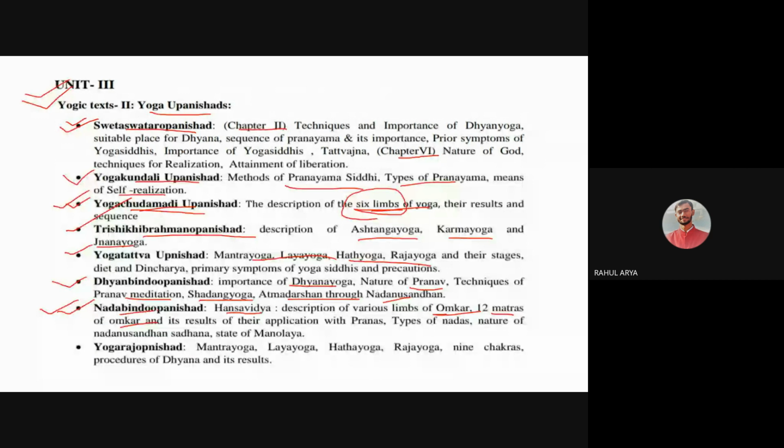It is a very short Upanishad; within half an hour, in a single day, you can cover it. Every time, 2-3 questions from the Nada Bindu Upanishad. Yoga Raja Upanishad. So there are 8 Upanishads in unit number 3, and out of these 8 Upanishads, 10 questions will be in the exam. Okay.